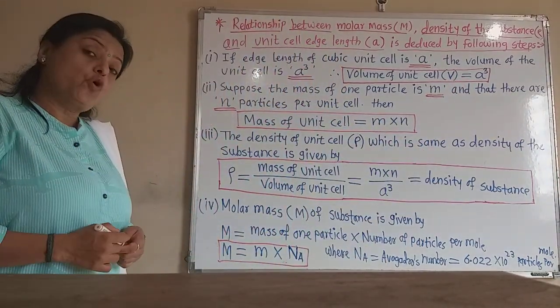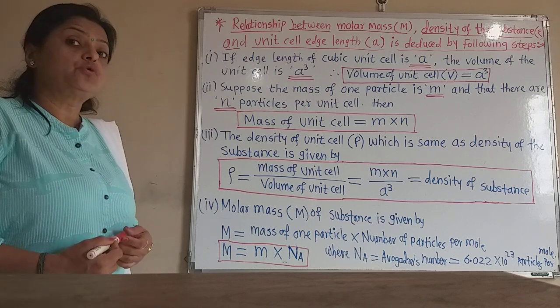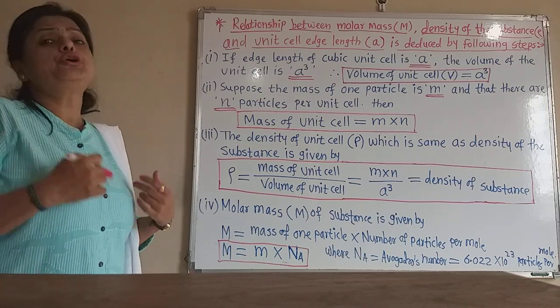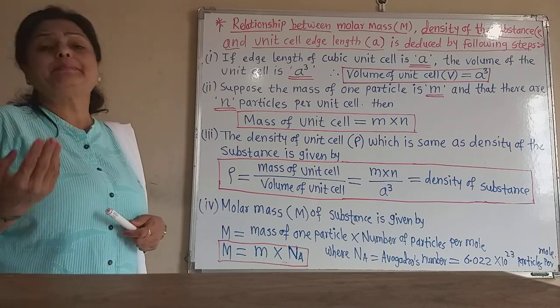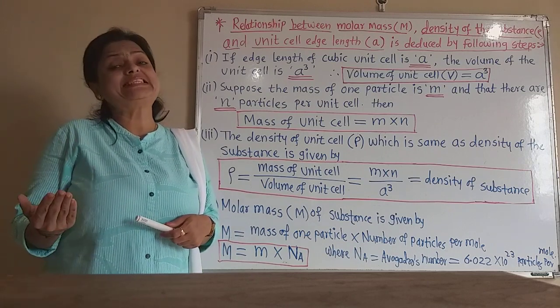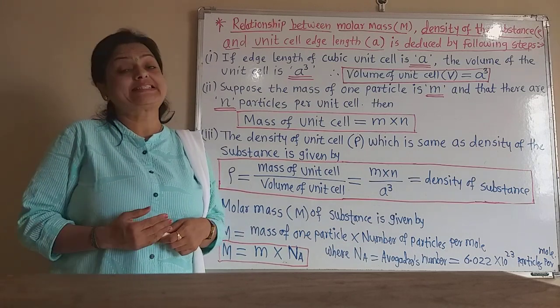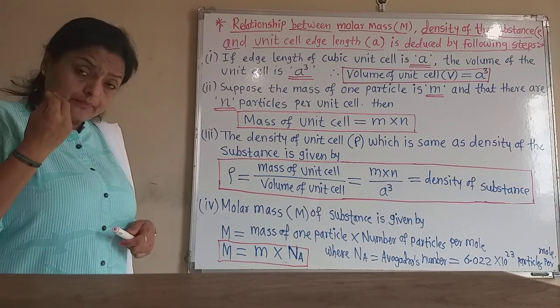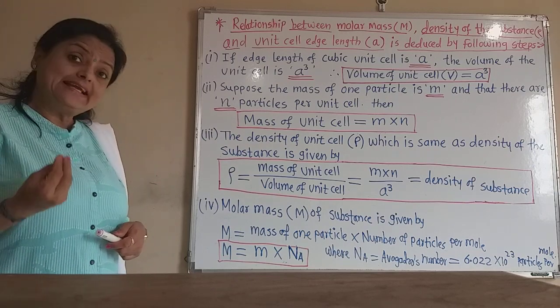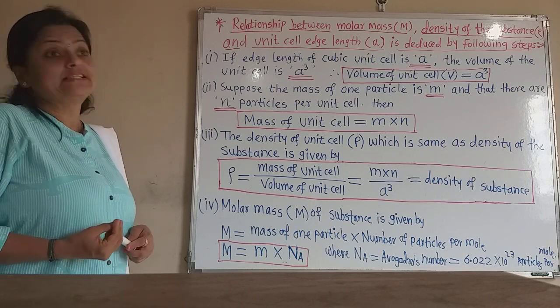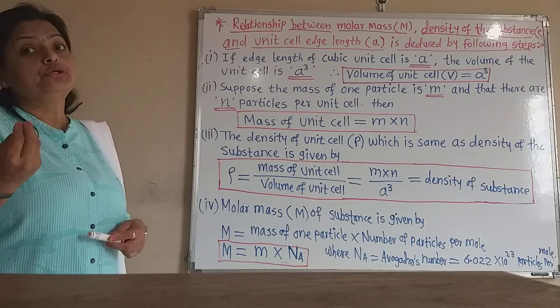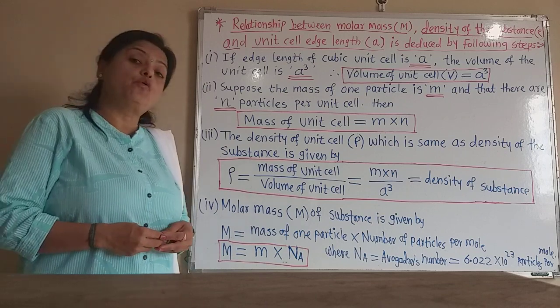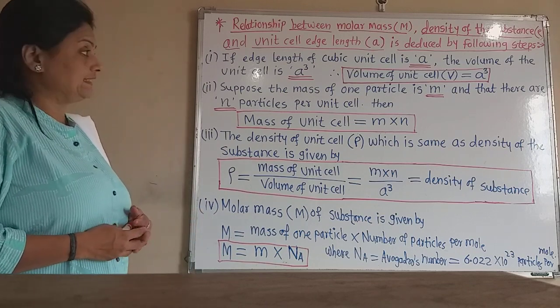If we want to calculate the volume of any cubic unit cell, whether it is FCC, BCC or simple cubic cell, then we always multiply the edge length three times. So a cube is the volume of the unit cell.